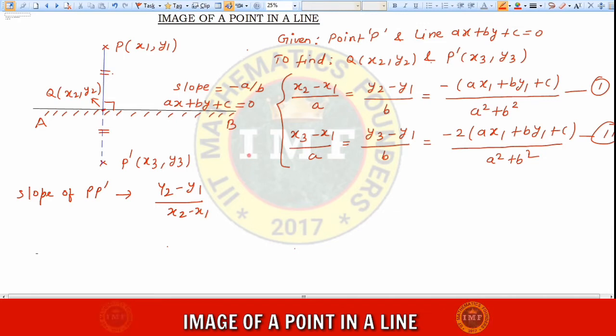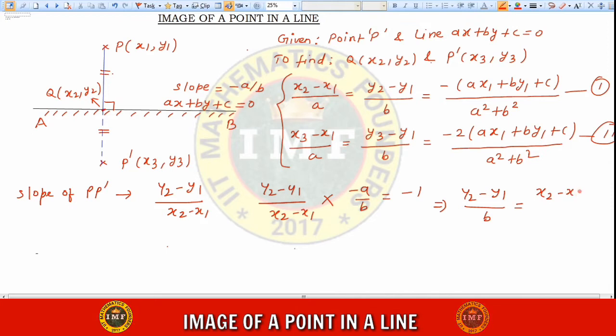So here I can write slope of PQ multiplied by slope of line AB is equal to −1, as they are perpendicular. So here we will get (y2 − y1)/(x2 − x1) times (−a/b) is equal to −1. Okay, so then we have (y2 − y1)/b is equal to (x2 − x1)/a.